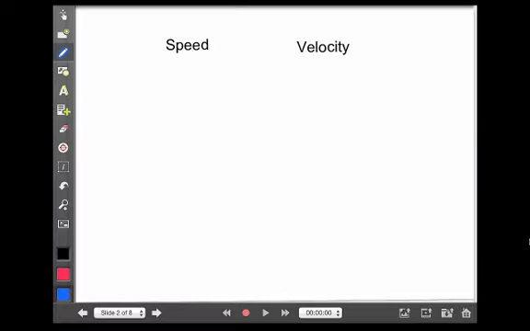Let's say, again, I send you back up to the track, and I tell you to run 100 meters, turn around and run back, and let's say it takes you 20 seconds to do that. Now, aside from the fact that you probably should be training for the Olympics, because that's really fast, how would you determine what your speed is?